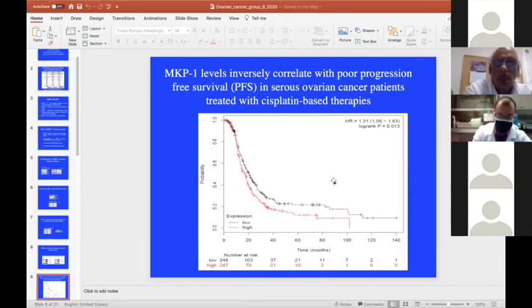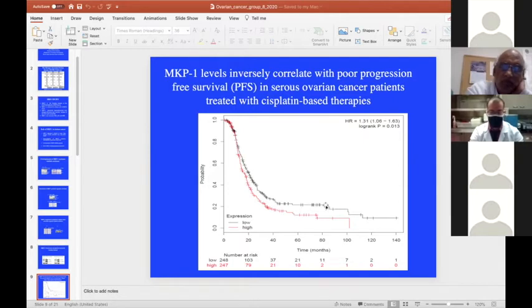We looked at a series of ovarian cancer patients who were treated with platinum-based chemotherapy. Then we looked at the level of MKP1 versus progression free survival time. So here it shows that patients with a high level of MKP1 had worse progression free survival compared to patients who had a lower level of MKP1, who had better PFS.